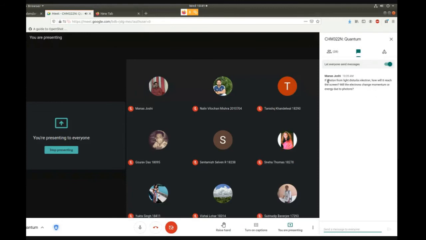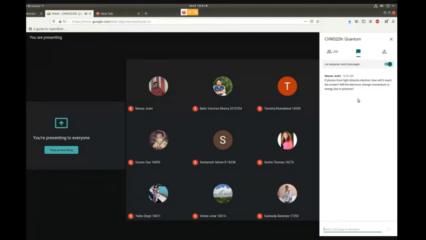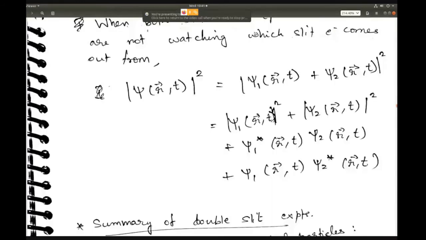So electron is changing momentum. When photon from the light is disturbing the electron, the electron is now changing its momentum. And so it will reach the screen, but the momentum has changed. And because the momentum has changed, that leads to your uncertainty principle, which I will talk about in a bit.